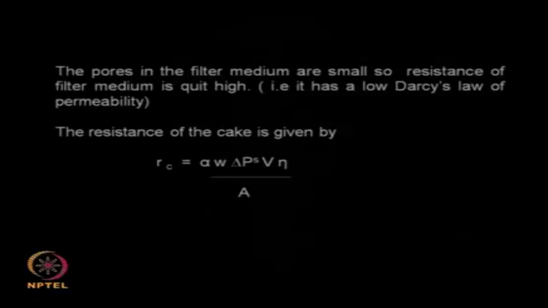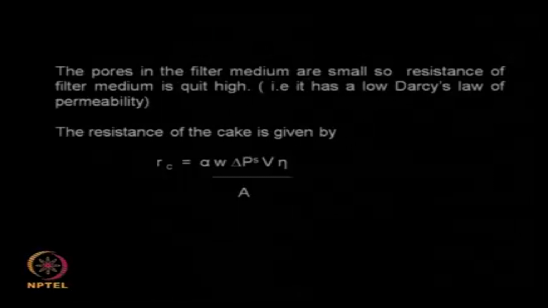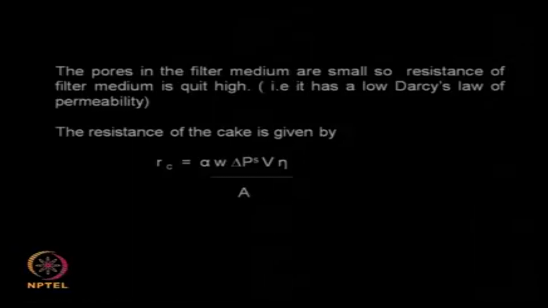In a cloth type of filter, the resistance offered by the cloth is much smaller than the cake, so we generally neglect it. But when you are talking about microfiltration, the pores are slightly smaller, so we need to consider that also. We cannot totally reject that, so keep that in mind.